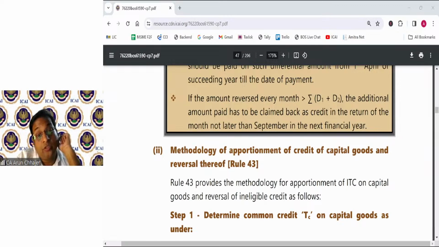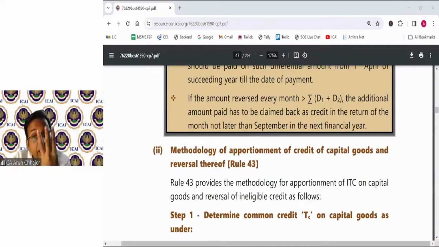Right, Viraj? You should use the word input and input service instead of revenue, and capital goods instead of capital expenditure, right? Absolutely correct. Input and input service and capital goods.